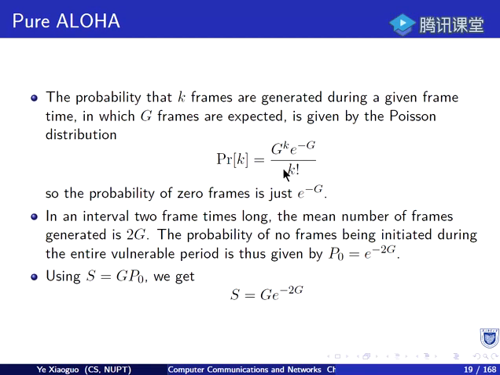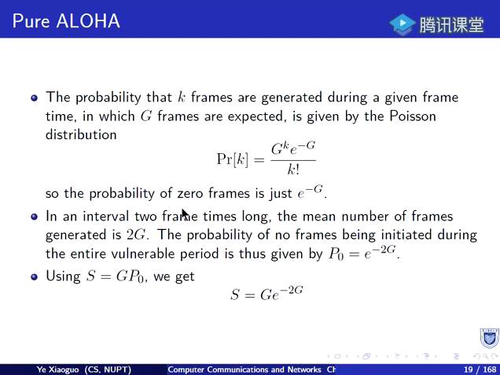This means k factorial is k times k minus 1 times k minus 2 down to 2 times 1. This is the probability that k frames are generated.